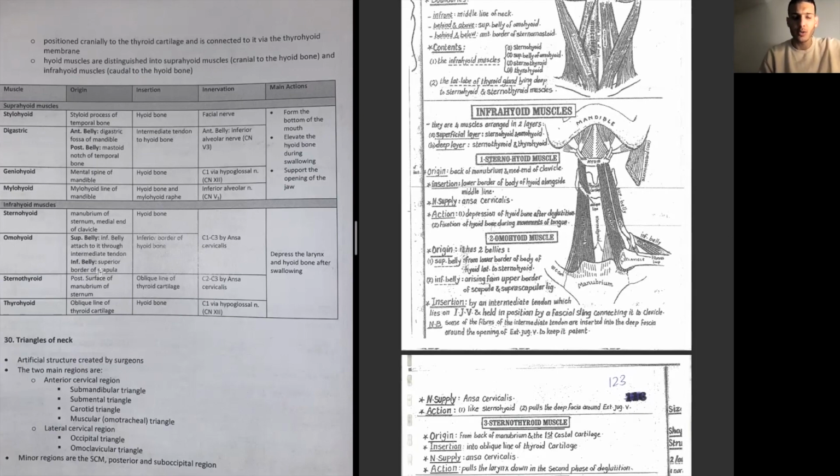The inferior belly attaches to the superior border of the scapula. So you see, the inferior belly is attached to the scapula, and then the superior belly to the hyoid, of course, and the superior belly is attached to the inferior belly here at this intermediate tendon.